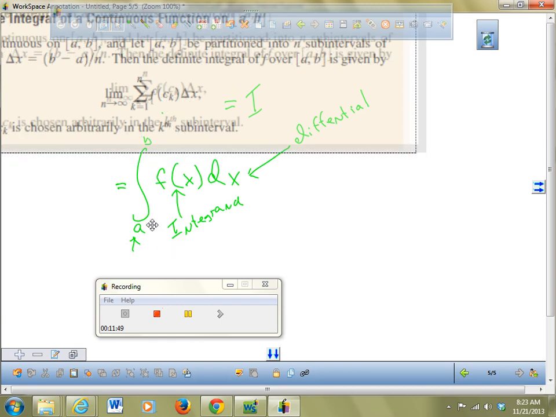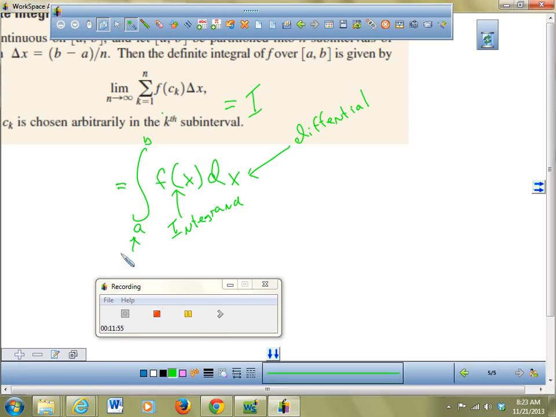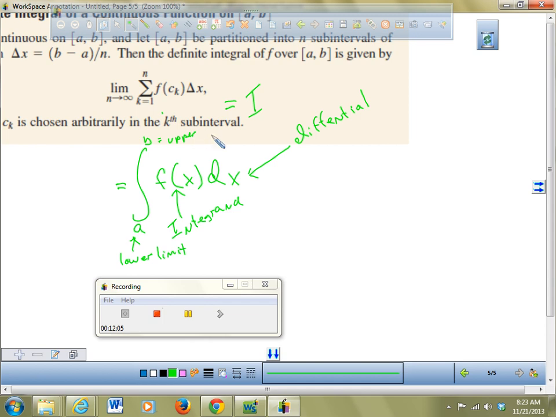Yeah. So these things here are called the limits. This is called the lower limit of integration. Lower limit. And this is called the upper limit. You should know what they're called, because they'll refer to them in the book, and you have to know what they are. Be careful, these things can have different names.